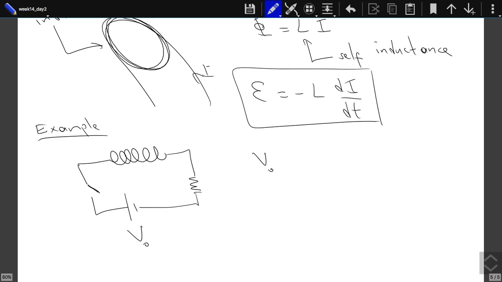As it crosses your inductor, the work done on your charge will be minus L dI/dt. As it crosses the resistor, it will lose some energy, minus I times R, the amount of energy that your unit charge will lose. So this should be equal to 0. This is how your current will change as a function of time.